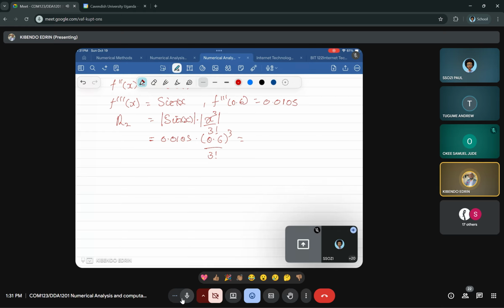This is the upper one. Does everyone agree? Okay, in simple terms, it is 0.00378.